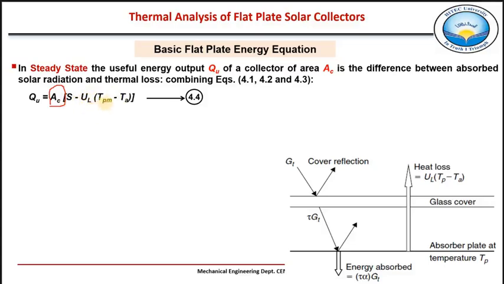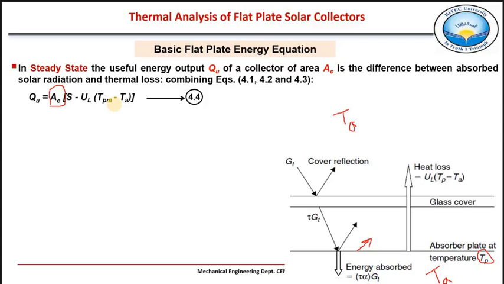And also this temperature, this TPM, normally ambient temperature, we know, at a particular instant we can calculate, or we can actually measure this ambient temperature where this solar collector is placed. But now we need to determine this TPM, the absorber plate temperature, TP. Subscript M simply means that it represents the mean plate temperature.